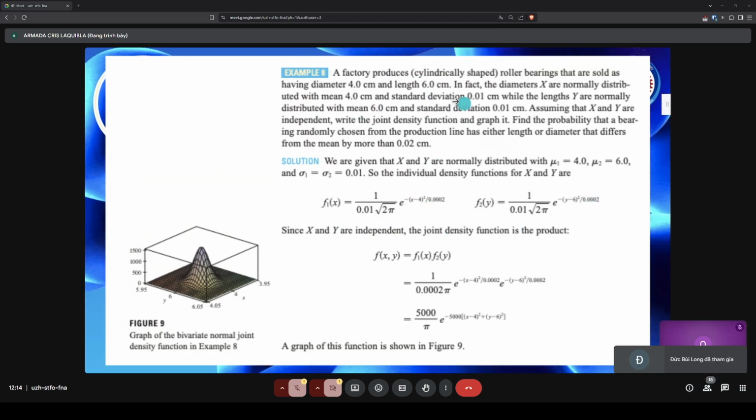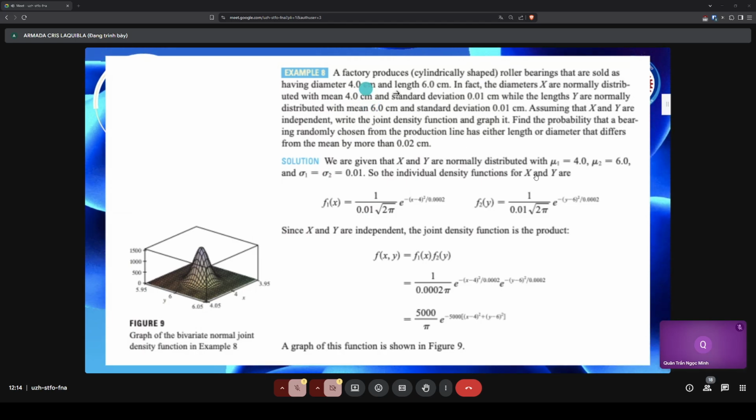So here, they're given roller bearings that are sold as having diameter of 4.0 centimeters and length 6 centimeters. So in fact, the diameters x are normally distributed with a mean 4.0 centimeters and standard deviation of 0.01 centimeters. Okay, so mu1 is 4, and this one, class, is your sigma 1, 0.01.